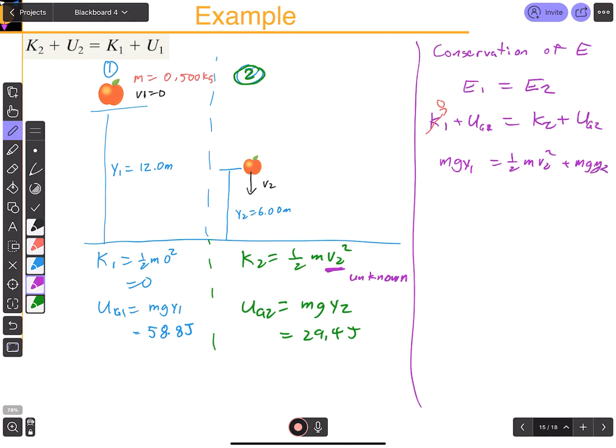I'm going to move the Y2 over, so we have MG(Y1 minus Y2) is equal to 1/2 MV2 squared. I can just cancel m on both sides, multiply both sides by 2, take the square root, and I get that V2 is equal to the square root of 2g(y1 minus y2).